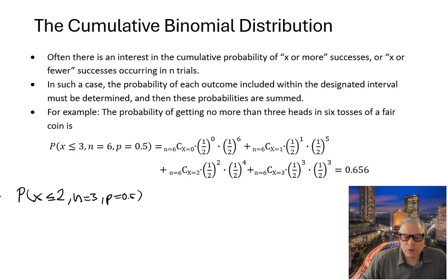And that is now cumulatively the probability that you get 0 in 3 trials.